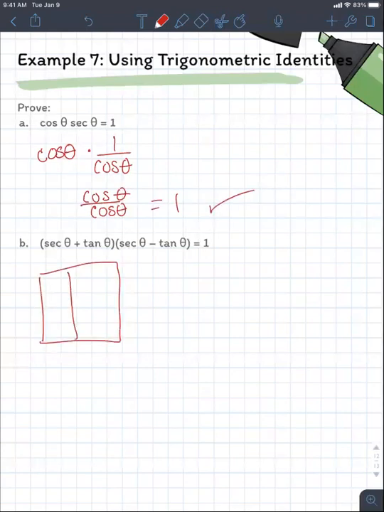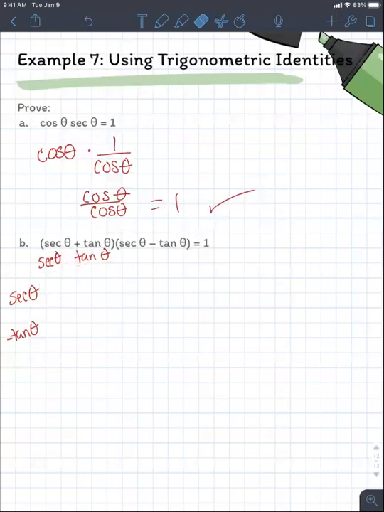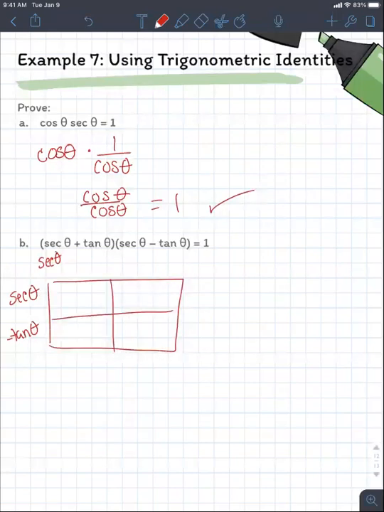Next one, if we multiply those out, I'm going to multiply them using the box method. So secant theta, tangent theta, secant theta, and negative tangent theta. I'm going to make this box bigger. There we go.